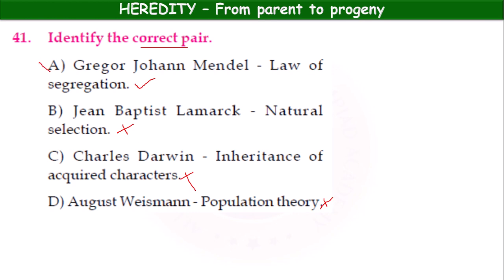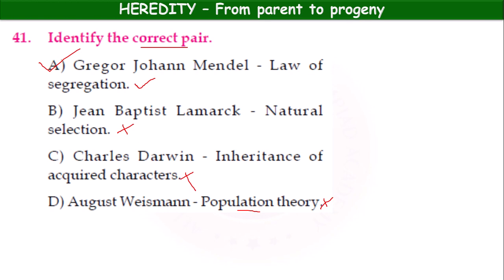So option A. Actually Jean Baptiste Lamarck proposed inheritance of acquired characters, the use and disuse theory. Charles Darwin proposed natural selection, that is survival of the fittest. August Weismann proposed another theory. Population theory was proposed by Malthus.